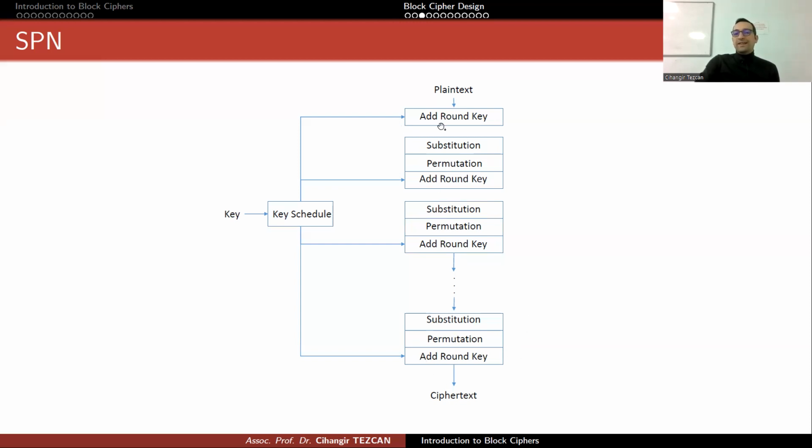You have to start with a round key and finish with a round key, because for instance, if I don't put the addition of a round key here, what I can do is as follows. I capture the ciphertext. There's a permutation here, so I can take the inverse of this permutation, also take the inverse of the substitution layer and reach here.